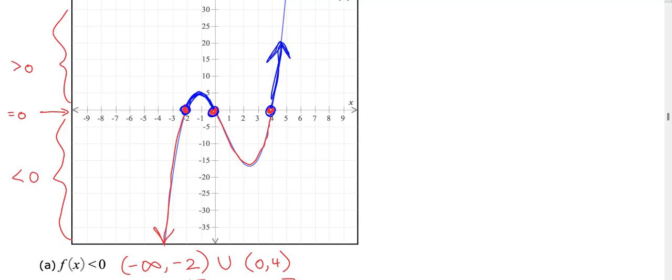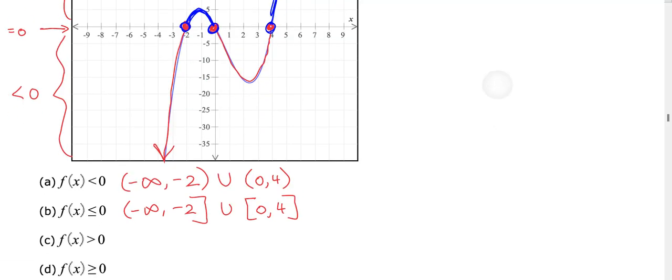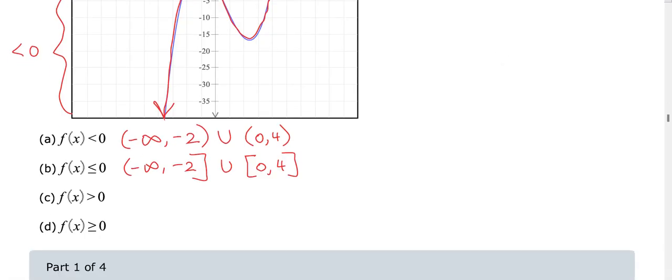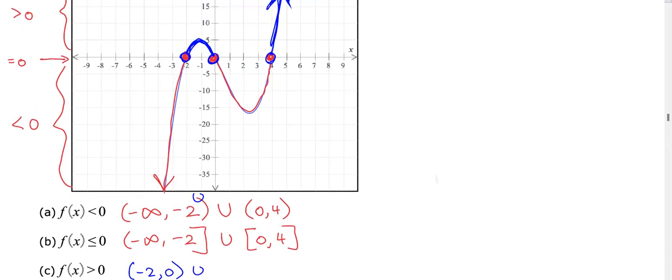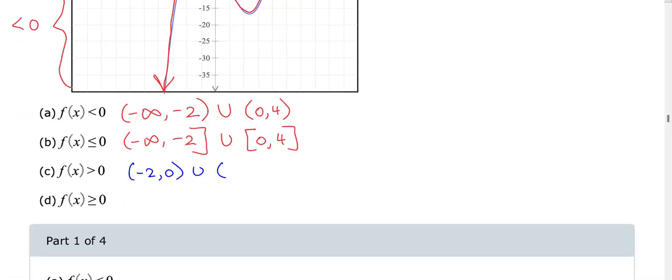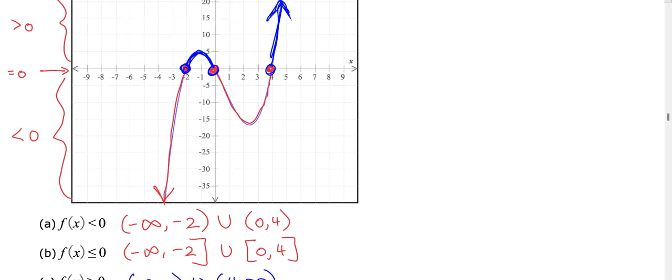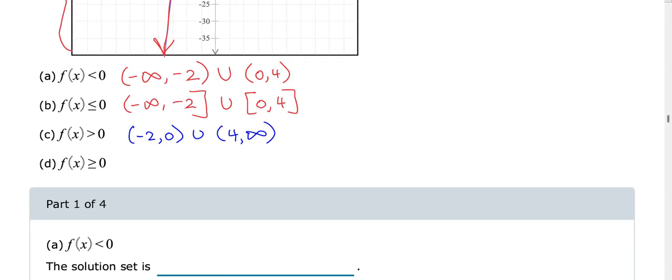From negative 2 to 0, and then from 4 to infinity. Now, if you want greater than or equal to 0, you're going to fill those dots in. Those are equal to zeros. So instead of parentheses, they're going to be brackets. So bracket negative 2 to 0 bracket, bracket 4 to infinity. Infinity and negative infinity always have parentheses.